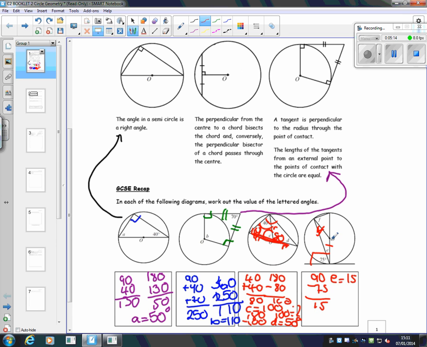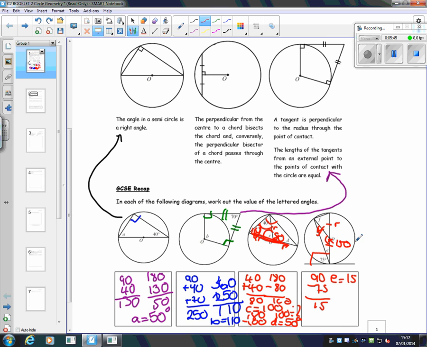Again, we have another isosceles triangle here, because this is also the radius. So if this angle here is 15 and this angle here is 15, that means that this angle at the centre will be 150.